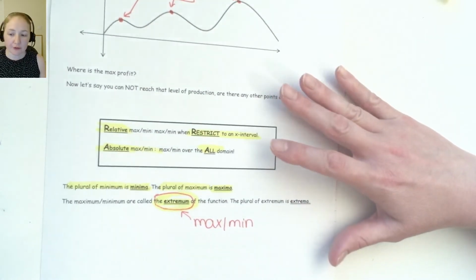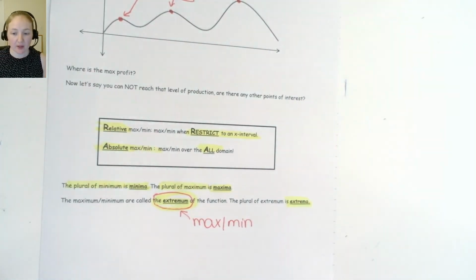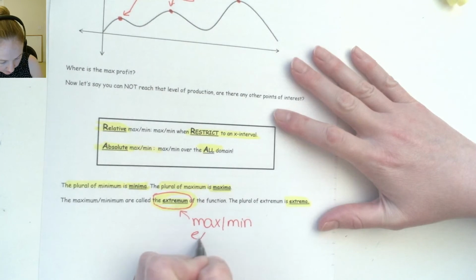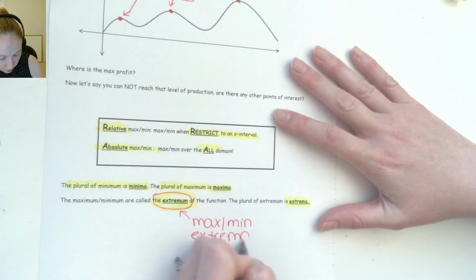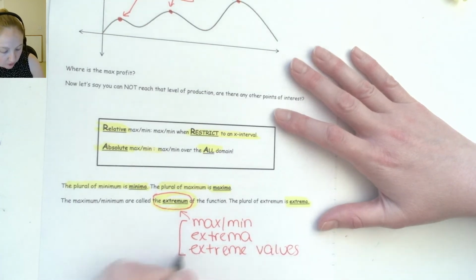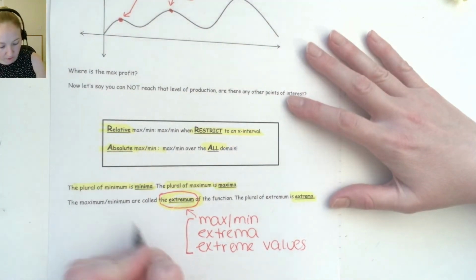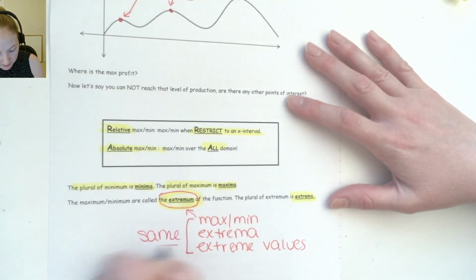You will also hear people refer to that in plural as extrema, and you will also hear them refer to it as the extreme values. And when you hear those three, or when you're looking for those three quantities, they are all the same. So saying find the max min is the same as finding the extrema. It's the same as finding the extreme value. So those are all of the same idea.